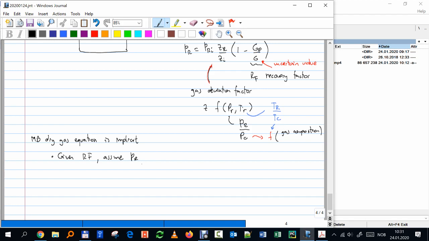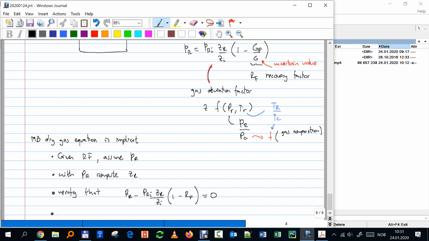Then from here, with PR, compute ZR, and then I verify that PR minus PRi times ZR over Zi is 0. I have to verify the value that I assumed against the value that I read from the chart with that assumed value; the difference will be 0.